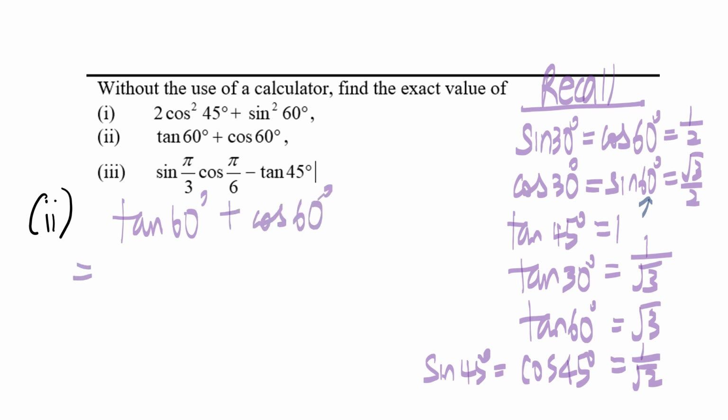Tangent 60 is equal to square root 3, and cosine 60 is equal to half. So the answer is just half plus square root 3. If you use a calculator to evaluate, you're going to get a lot of decimal places, and that is not exact.